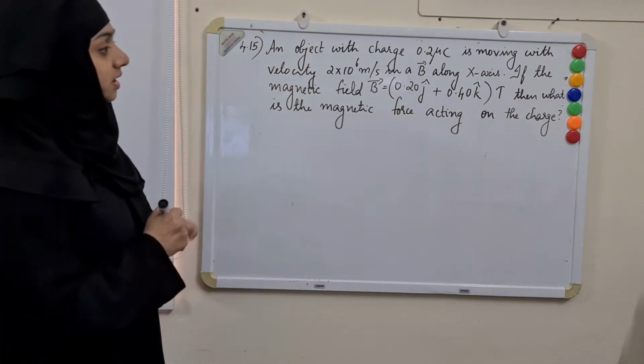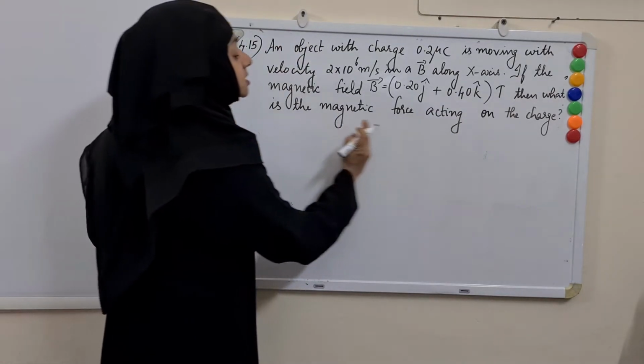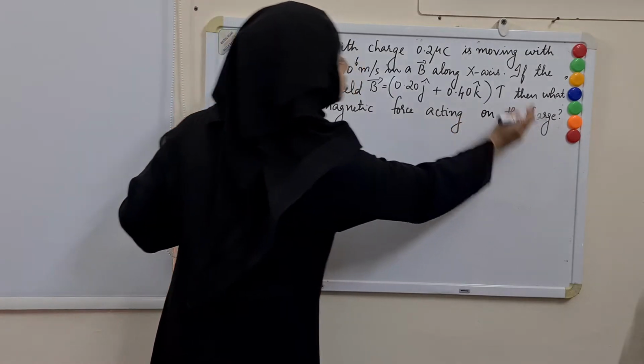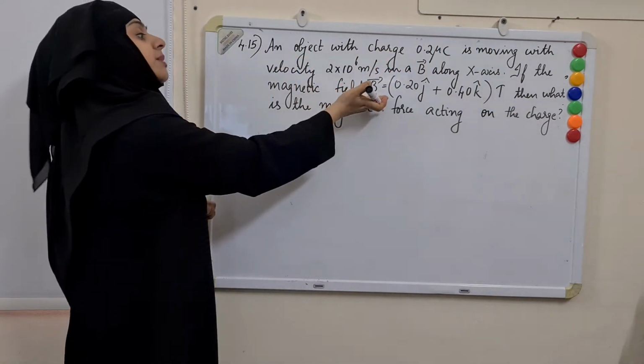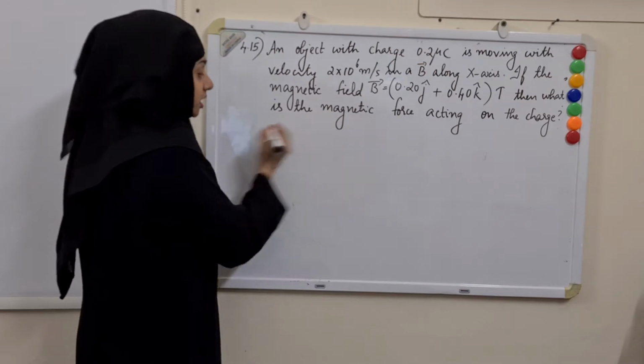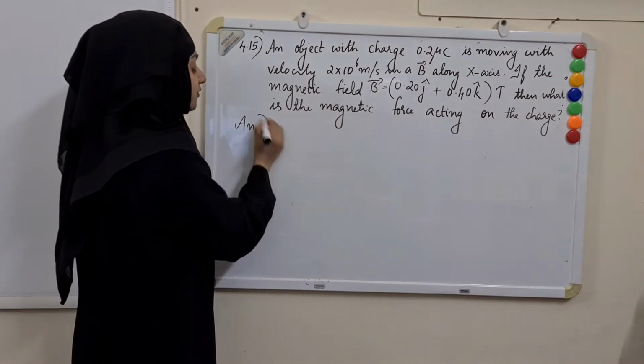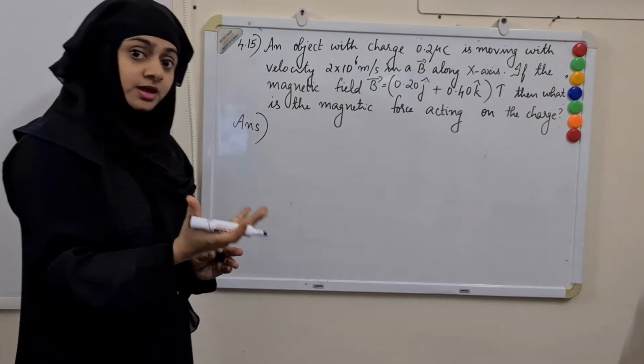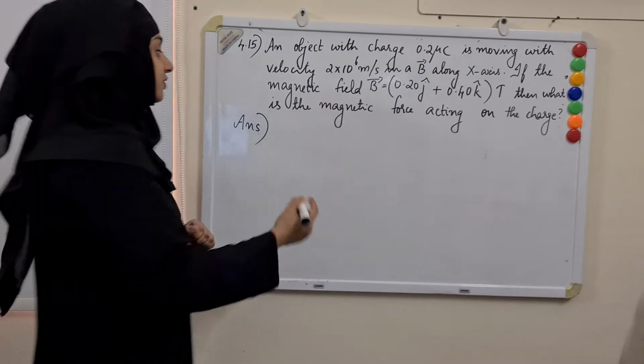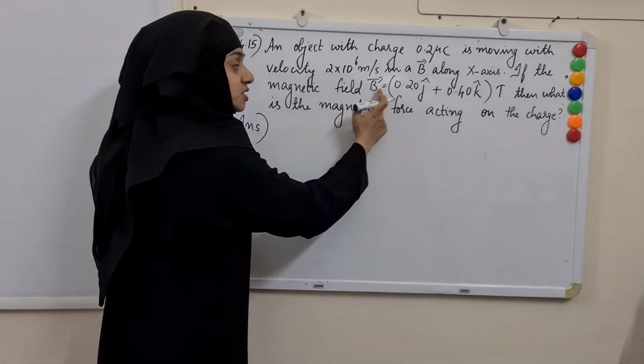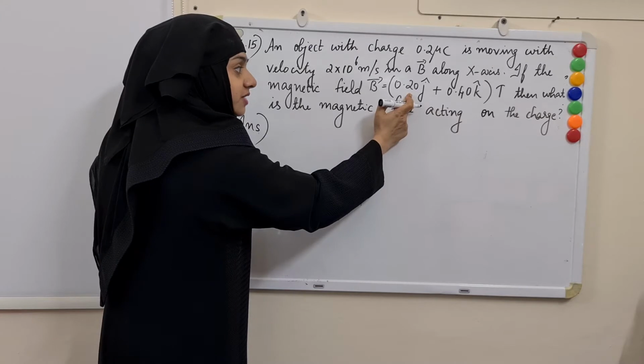So the question is, what is the magnetic force acting on a charge moving in a magnetic field? We know the equation to find the force on a charge moving in a magnetic field in the vector form, because the magnetic field is given in the vector form.